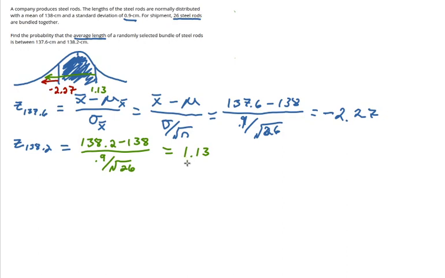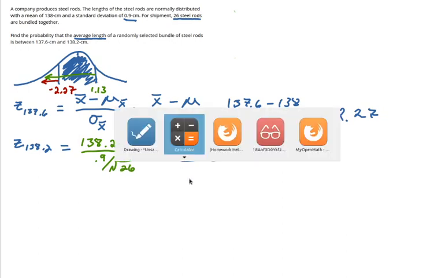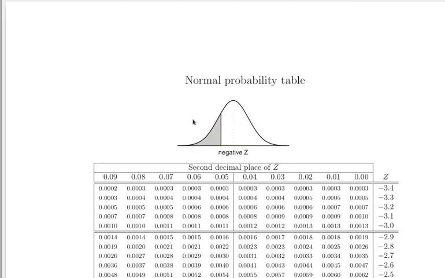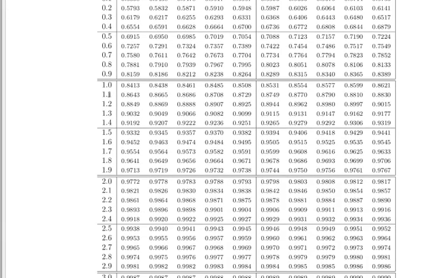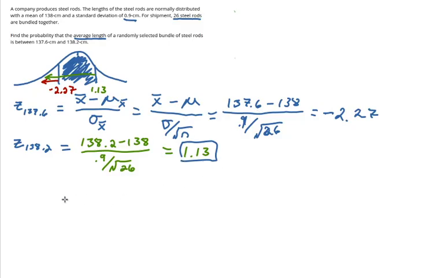All right, so I'll do this in two ways. One using the normal distribution table, and one using spreadsheets. So let's start with 1.13. On the table, I'm going to look up 1.13 as a z-score. That is 0.8708. And so that is the area to the left of 1.13.